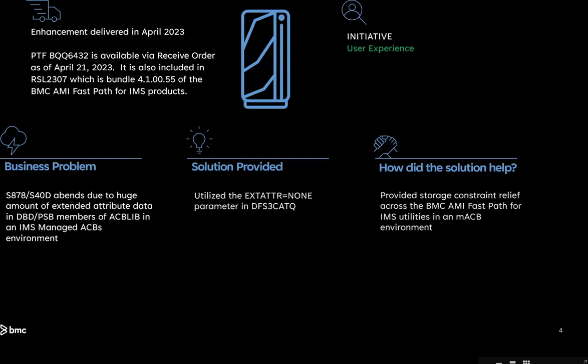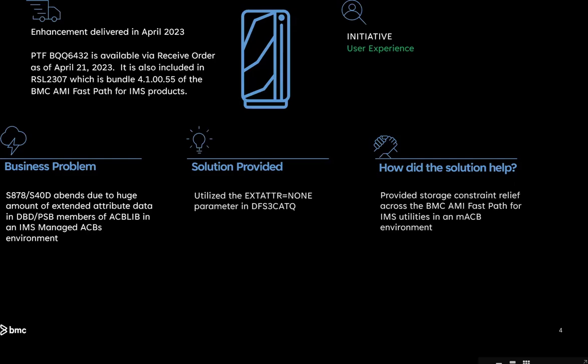Now we have seen customer cases where a huge amount of metadata resulted in abends like S878, S40D, D for dog. Now, this particular customer had opened a case with BMC when they had run into various S878 abends due to a huge number of extended attributes in the DBD or PSB members of ACB Live, right?